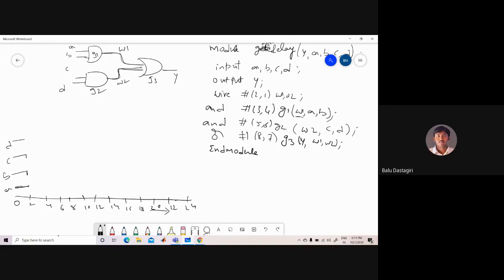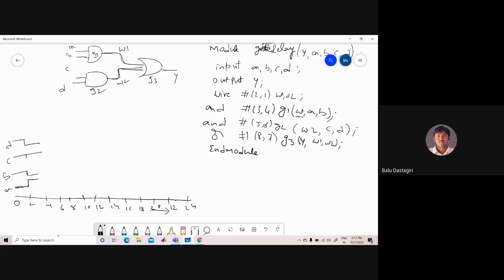Next, what happens after 2 units of time? The values will be changed here. Now A becomes 1, B becomes 0, C remains the same, and D becomes 0 after 2 time units.